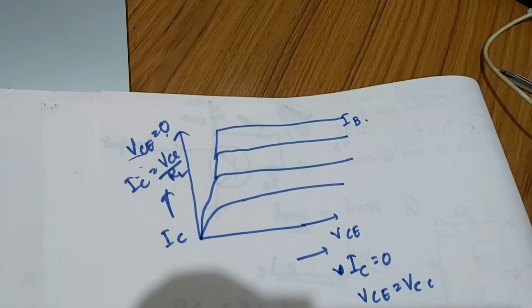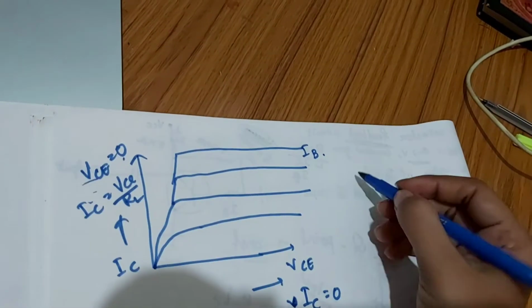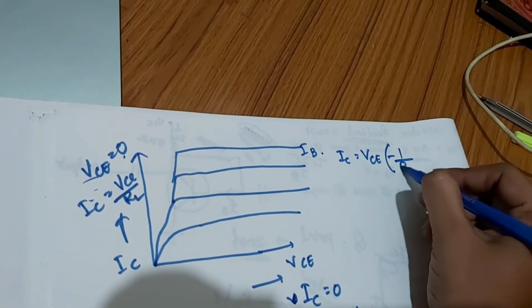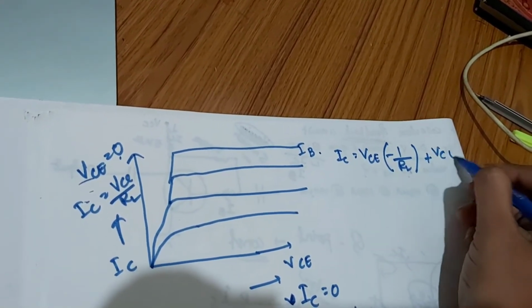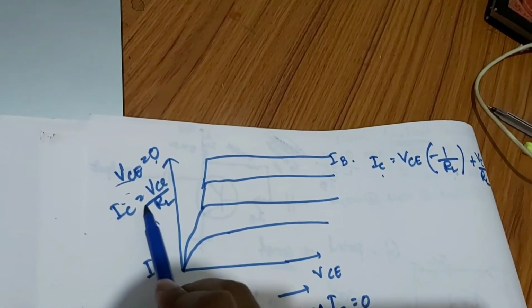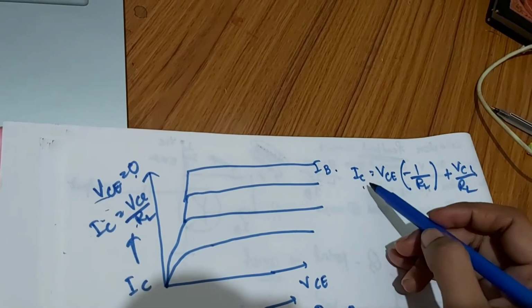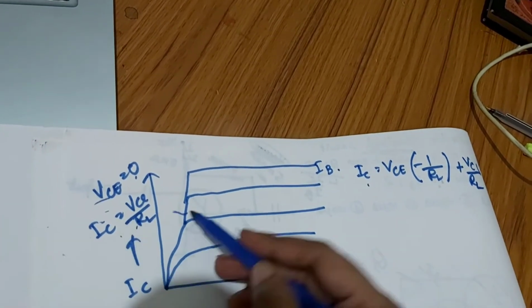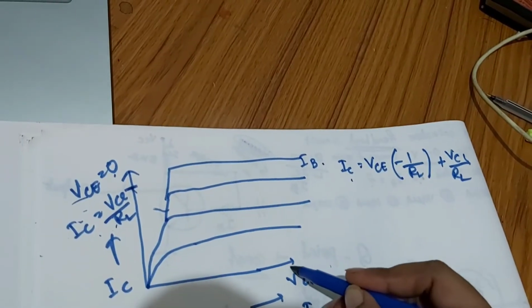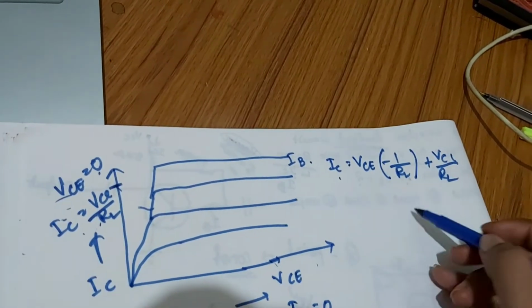You have the equation over here: IC is equal to minus VCE by RL plus VCC by RL. So for IC equal to 0, I get VCE equal to VCC, and for VCE equal to 0, I get IC equal to VCC by RL. These are the endpoints.